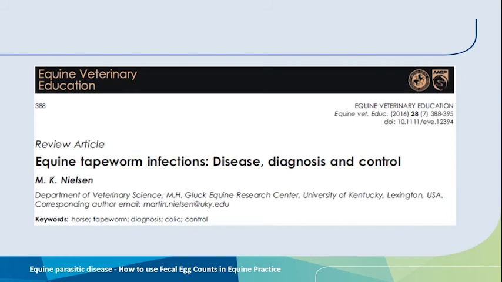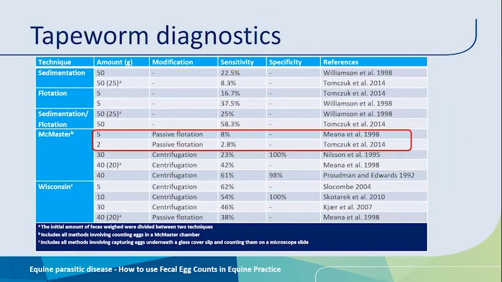We do require some modifications of the tapeworm diagnostic methods before we can actually get any meaningful information for tapeworms in horses. In this paper, we summarized all the diagnostics that have been evaluated and validated.